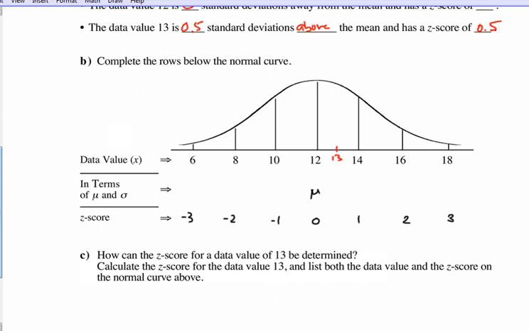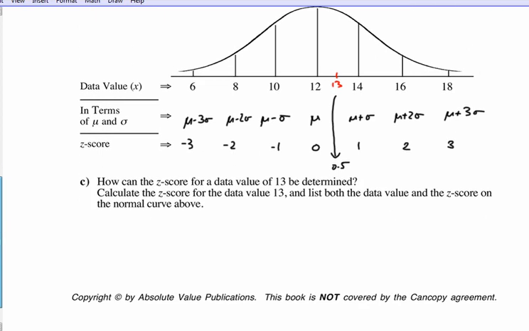So mean is in the center. 14 would be mean plus 1 standard deviation, mean plus 2 standard deviations, and mean plus 3 standard deviations. The other direction, 10 would be a mean minus 1 standard deviation, mean minus 2 standard deviations, and mean minus 3 standard deviations. Okay, so our 13 would have a z-score of 0.5.